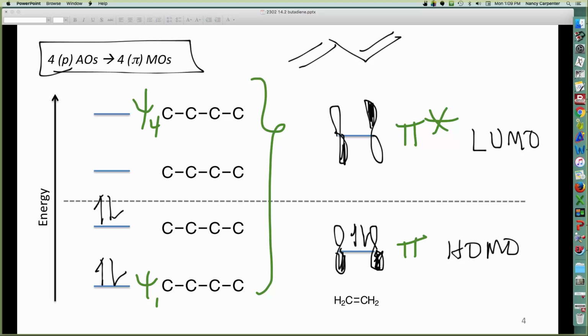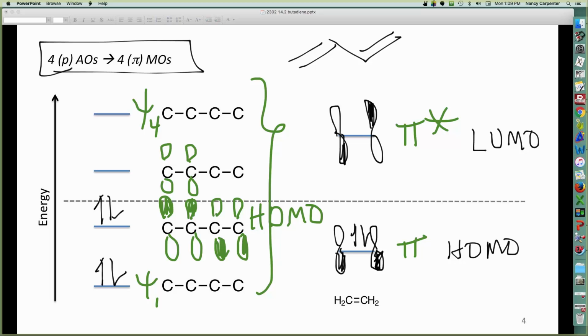So that makes this guy, psi2, my HOMO. And remember that that was this guy. And my LUMO then would be psi3, because it doesn't have any electrons in its orbital. So here's my LUMO.